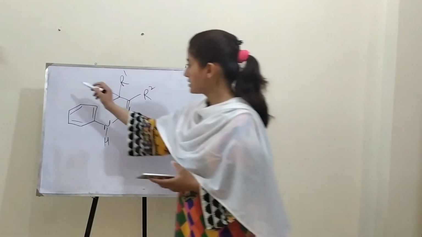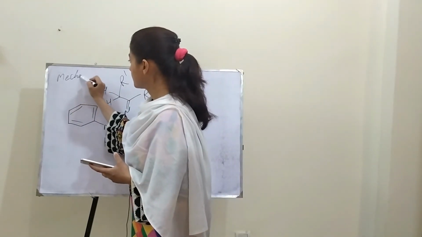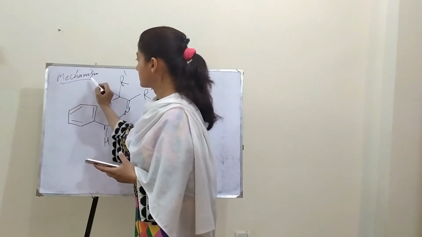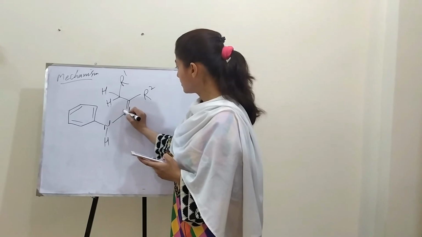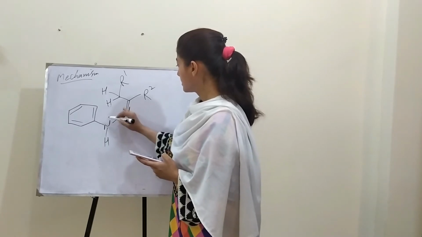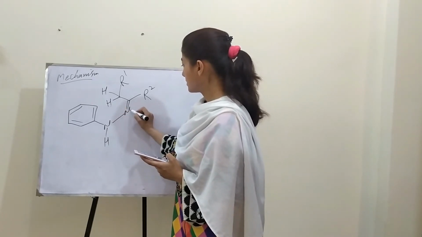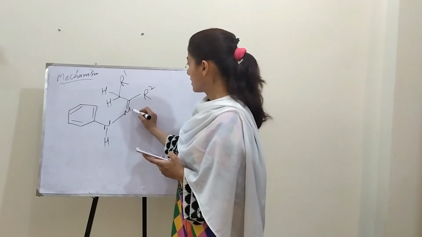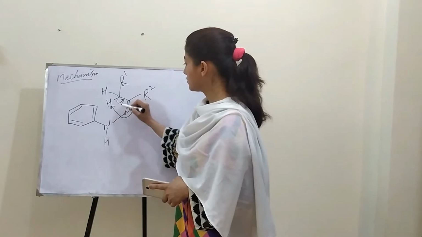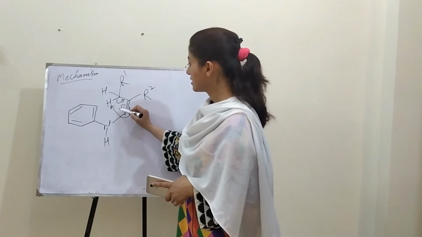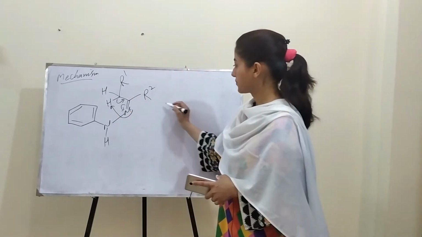So for the first step of its mechanism, the nitrogen lone pair attacks on this hydrogen, this double bond is shifted to this position and this is shifted to the nitrogen.